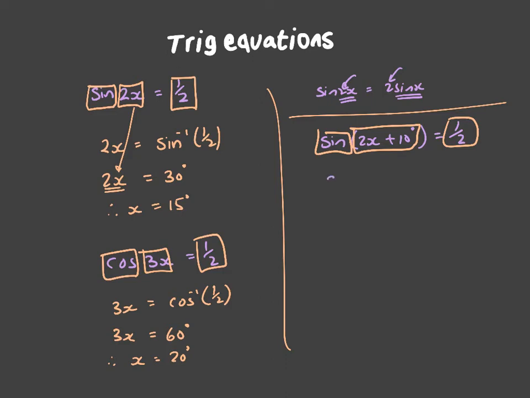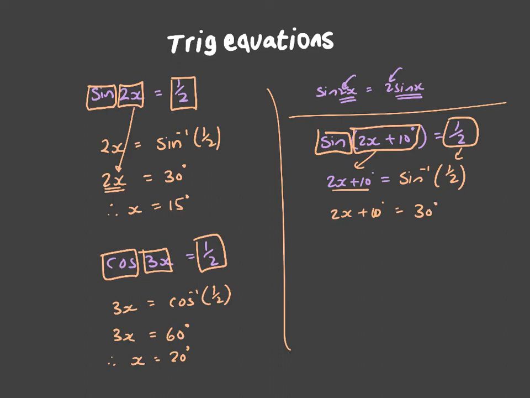Well, 2x plus 10 degrees is equal to arcsine, so it's a sine, so it's arcsine of the ratio, a half. So arcsine of a half is equal to my angle, 2x plus 10. Okay, so step by step, 2x plus 10 degrees, therefore, is going to equal arcsine of a half. If you put arcsine of a half in your calculator, but by now you should know, arcsine of a half is equal to 30 degrees.